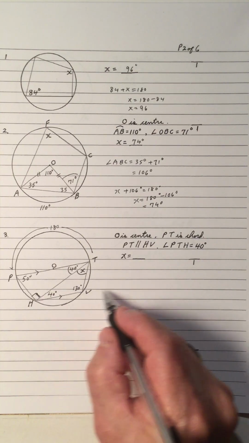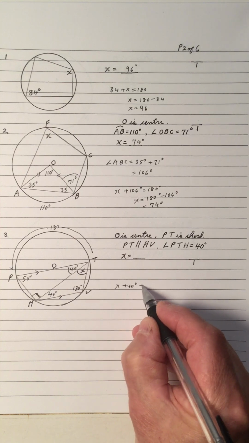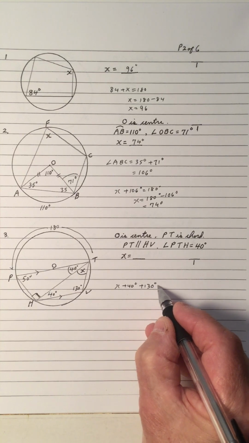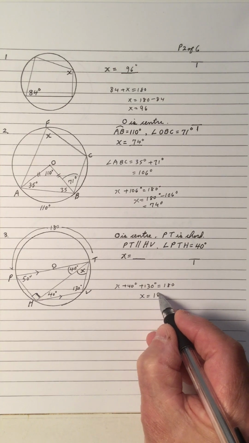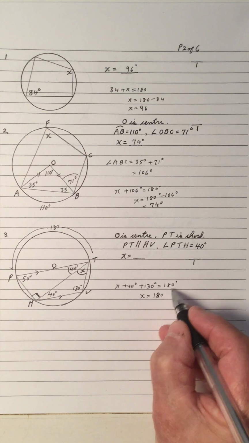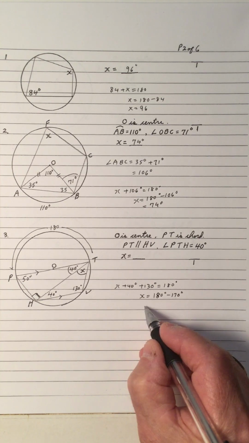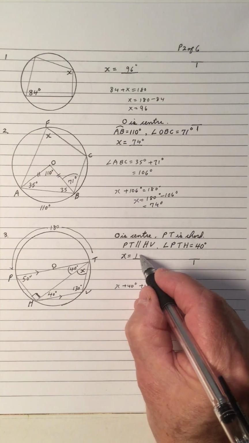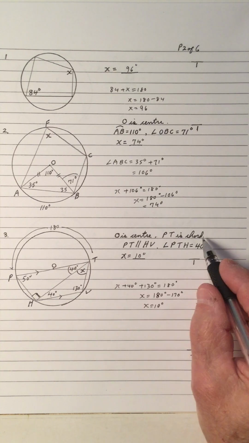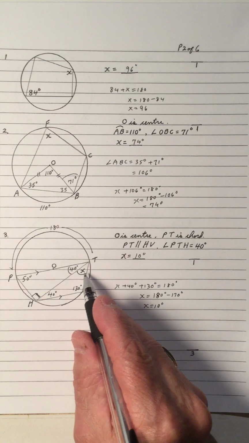So x plus 40 plus 130 equals 180. So x is 180 minus, that's 170. So x is equal to 10 degrees. So if you have 10 degrees, give yourself a mark.